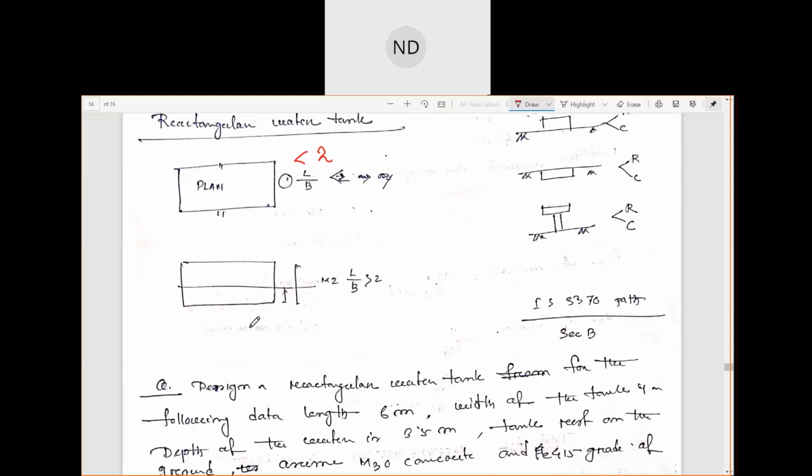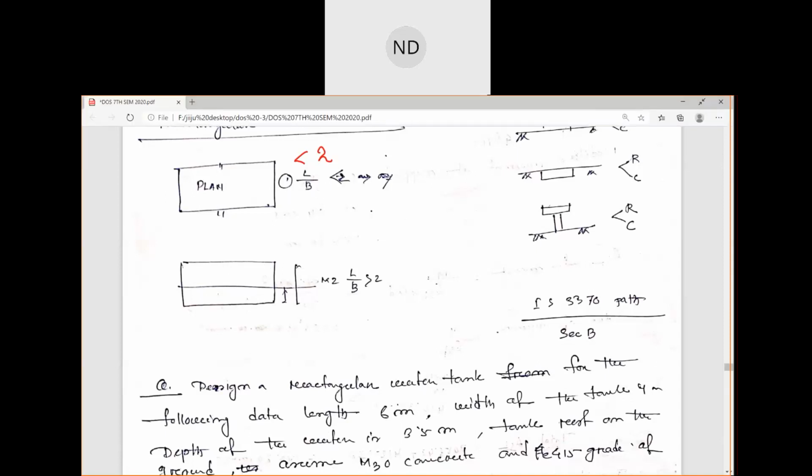This is the top and this is the bottom of a rectangular tank. The top portion we are going to design as a continuous frame and the bottom we will design as a cantilever, because here it is fixed and here it is moving, so it is acting like a cantilever.